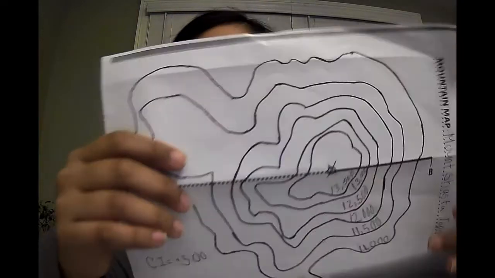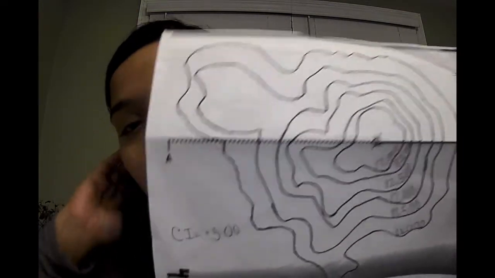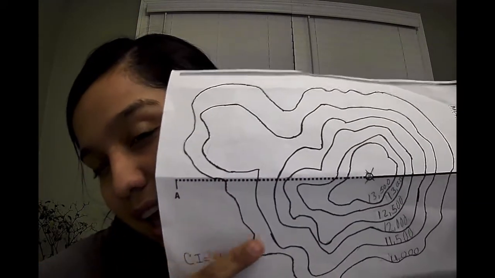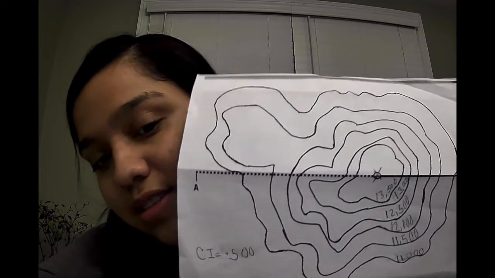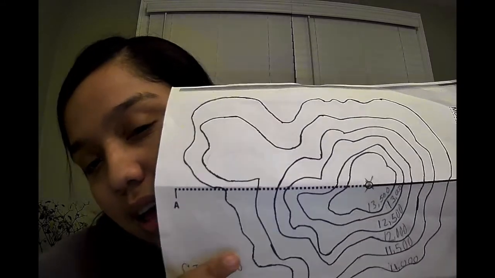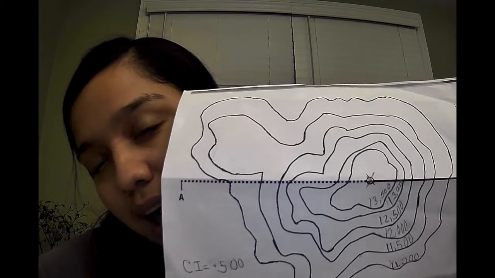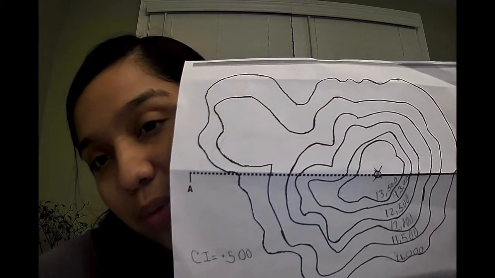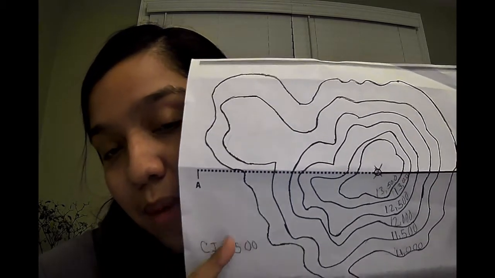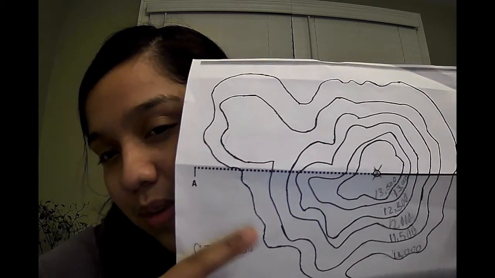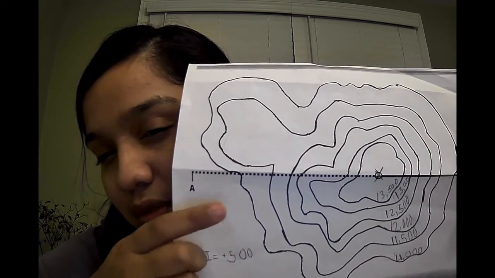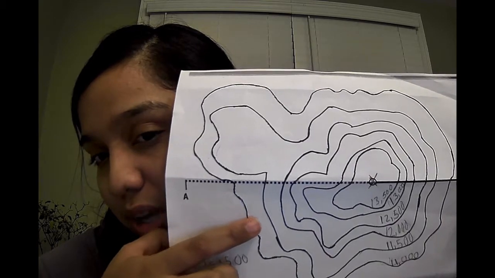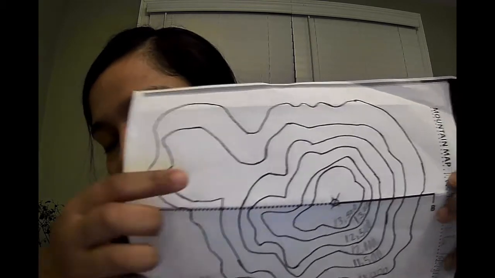So when we look at side A, notice how the lines are much further apart. The further apart lines means that the slope is not as high and the mountain is not as steep, meaning that to get from one elevation point to the next, it takes much longer.